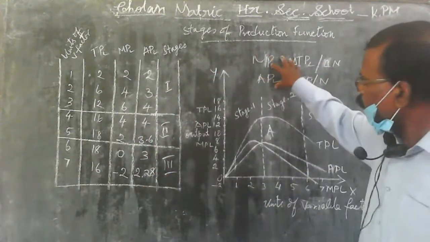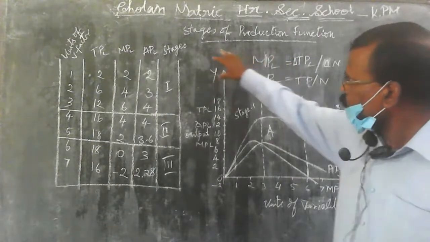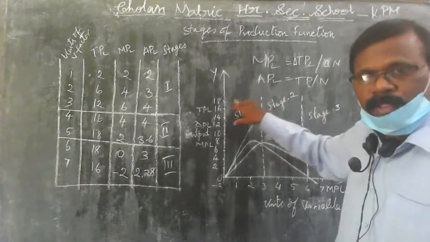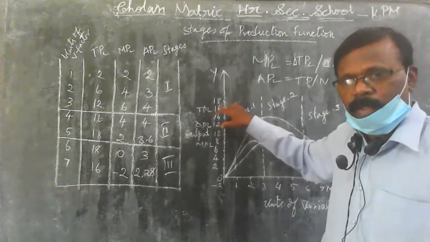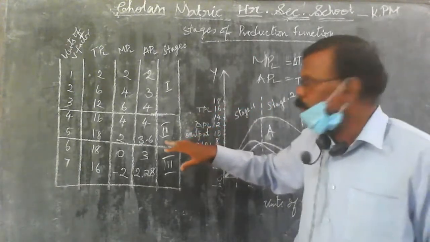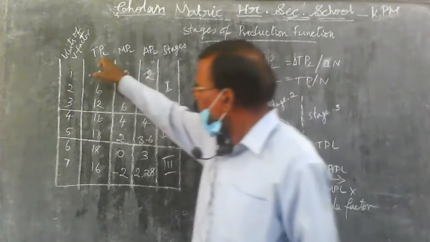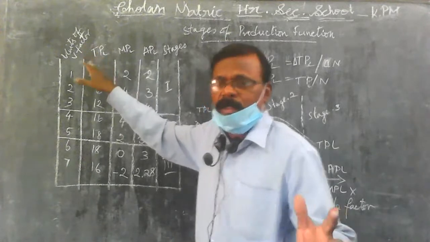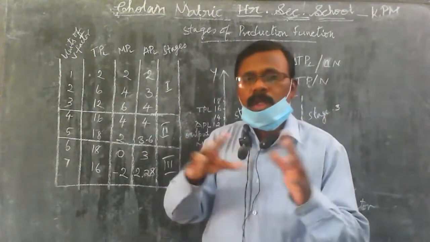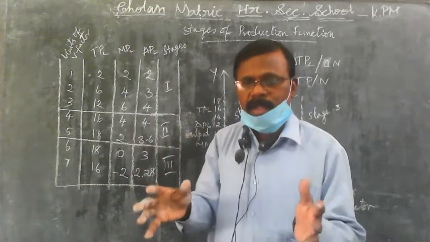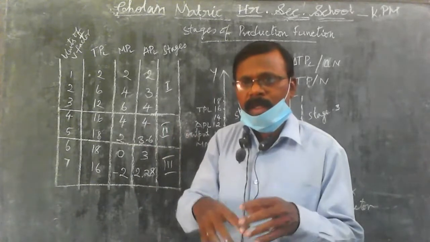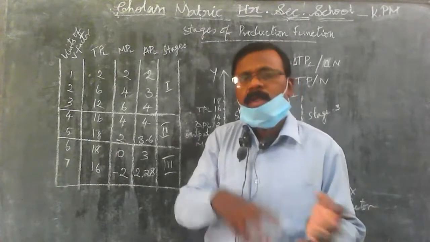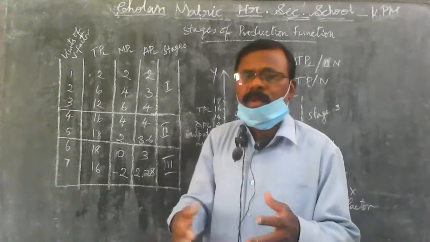Based on this law, these three stages of production are explained here. Now, TPL. What is the total product? The total volume of the product produced by combining the factors of production or by using the units of inputs.